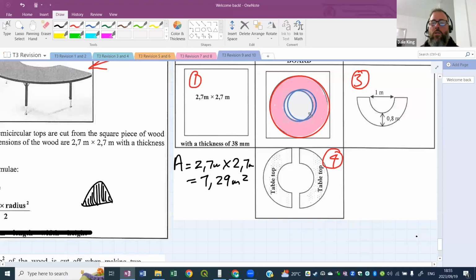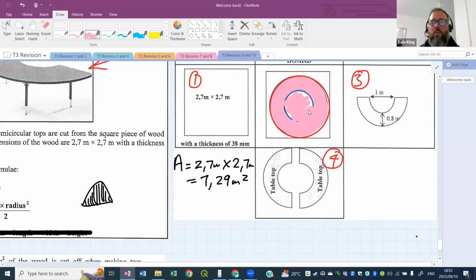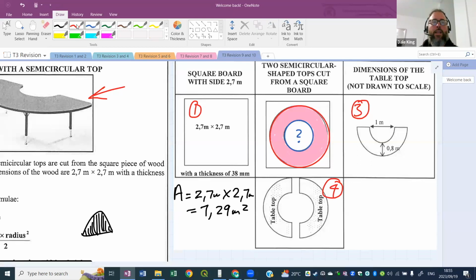If this inner circle wasn't blank, then this would be a whole lot easier, because we would just work out the area of the whole circle and subtract it from the square. But it's not that easy. We can't remove the middle circle. So this middle circle outlined in blue has to stay. So we need to know what that middle blue one is, and then we need to know what it would be if there was a big solid red or pink one. You with me?